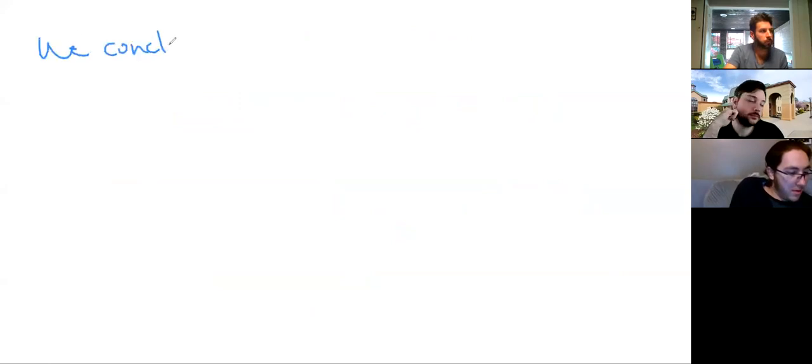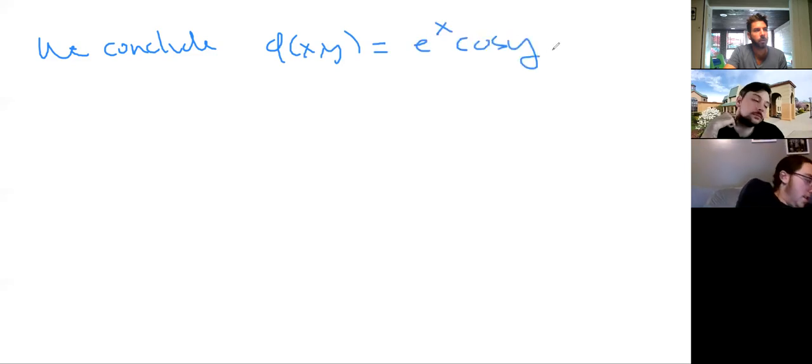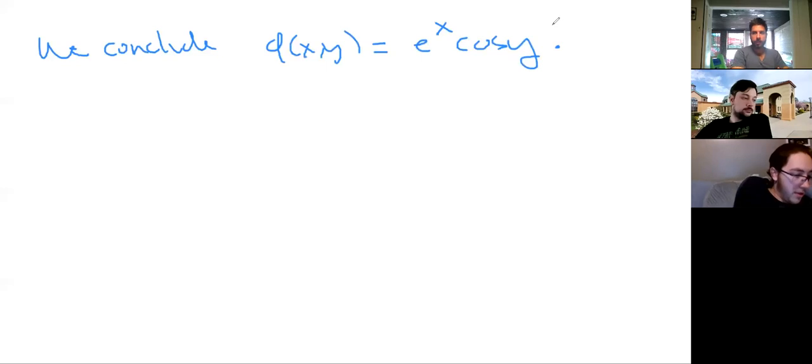All right, so what we can conclude is the following. We conclude that the potential function is just e to the x cosine y. So this one, if you want it, you could do a plus c, but it's unnecessary. All we are looking for is one potential function. We don't care.